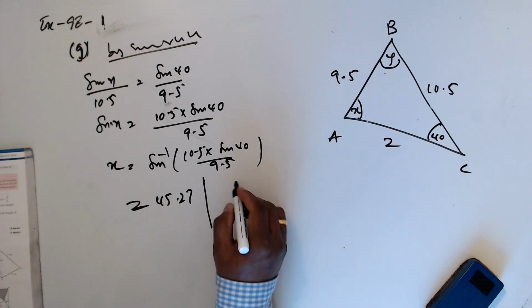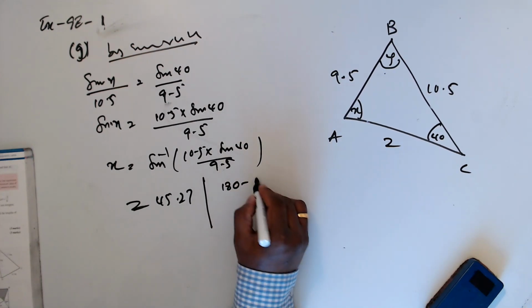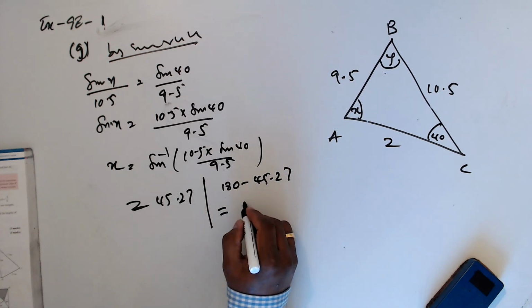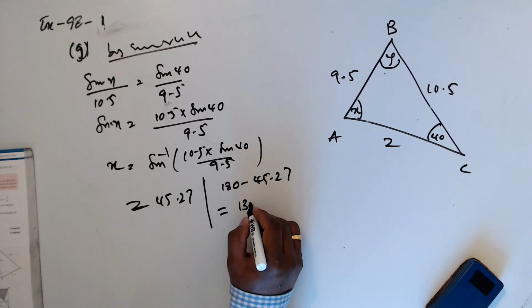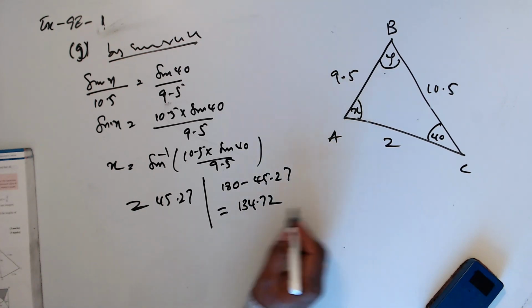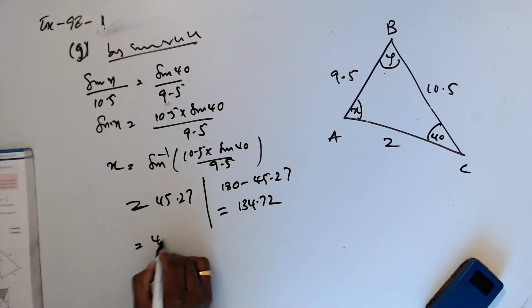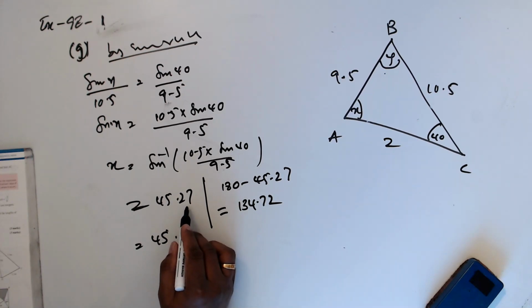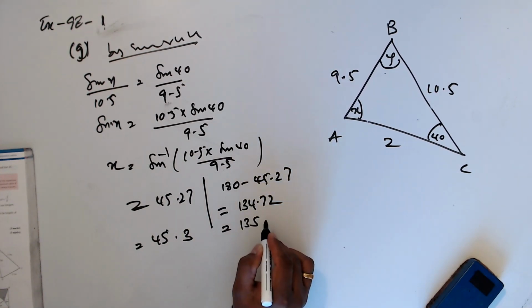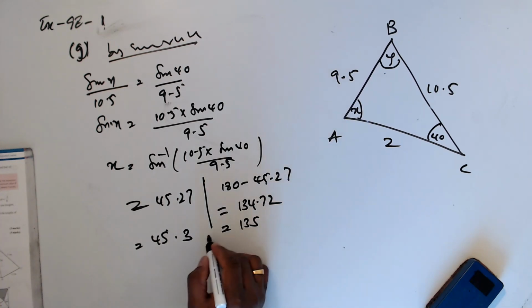The other answer is 180 minus 45.27, which is 134.72. So 45.3 to 3 SF and this is 135 to 3 SF.